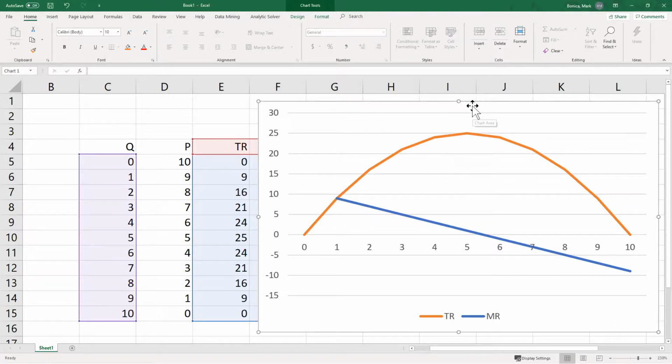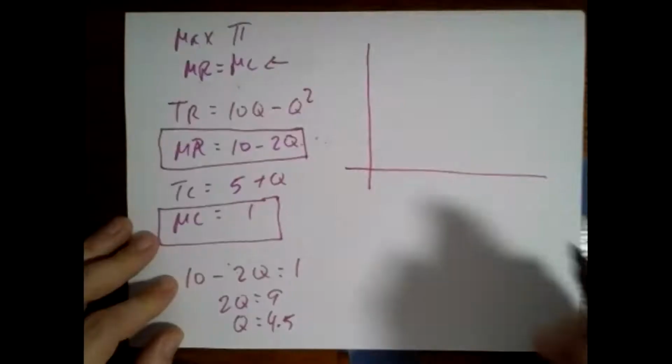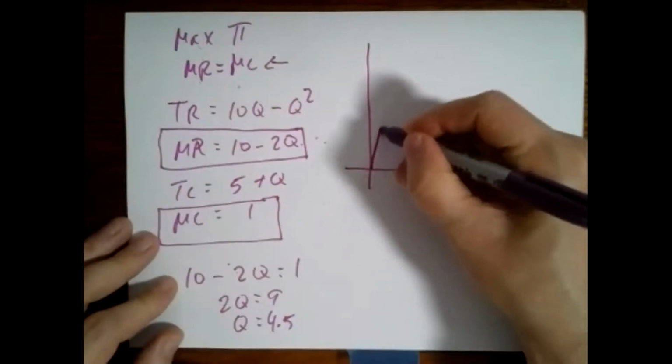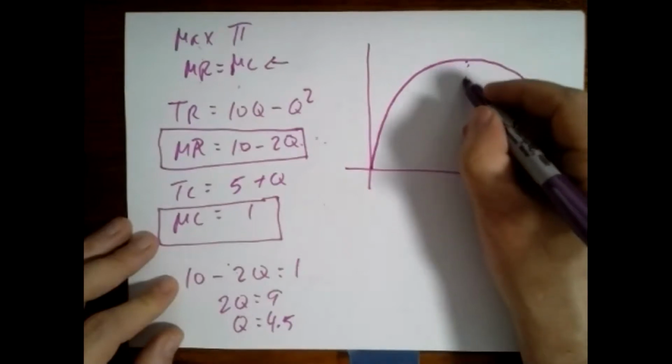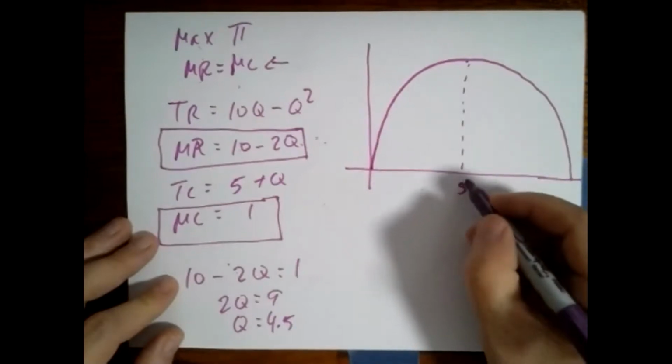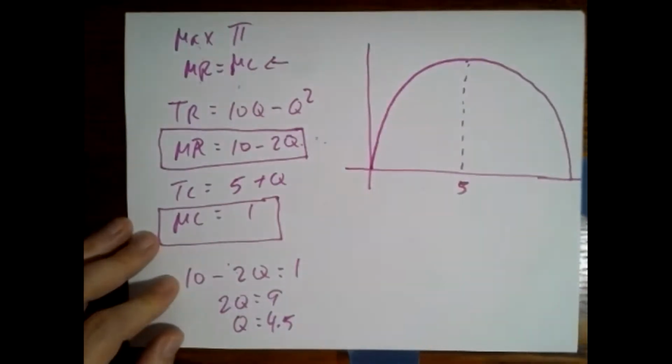So if we were to draw her total revenue, it looks like this, peaking at 5, where it's 25.